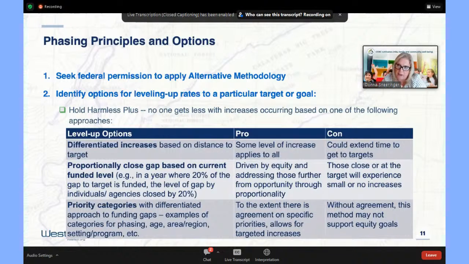You lifted up LCFF, where there was a target and a timeline to get to the goal, rather than bits and pieces and undercutting. I think that those would be very different. I'm struggling with making sure we don't lead with the incrementalism and we lead with this is what it costs.